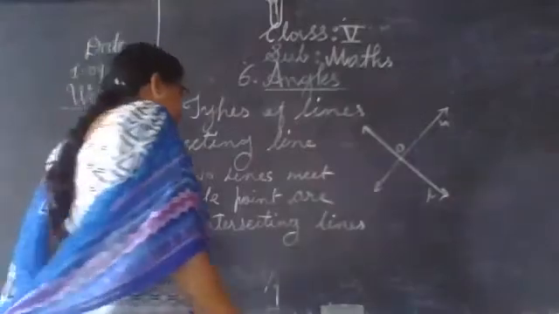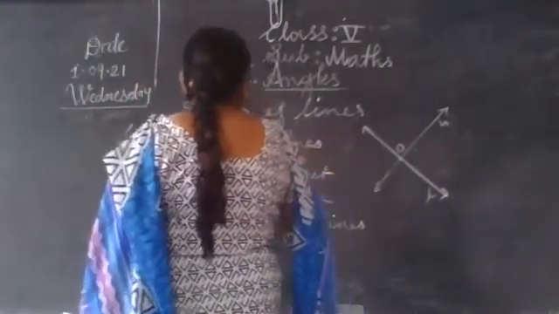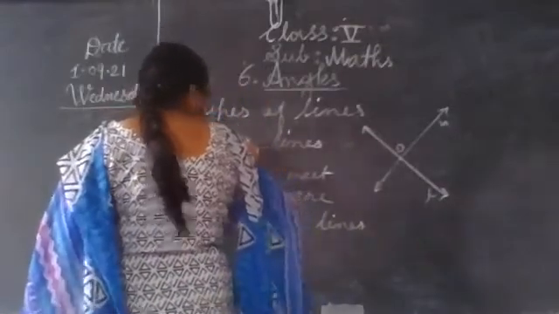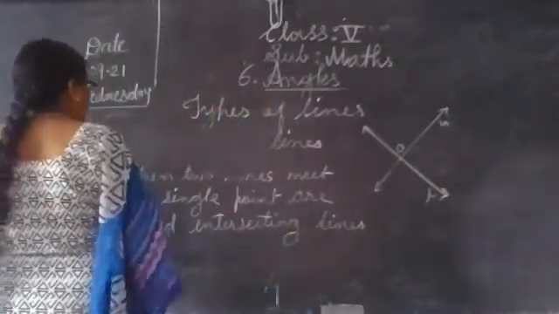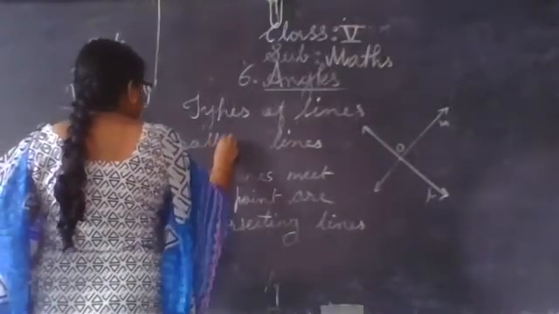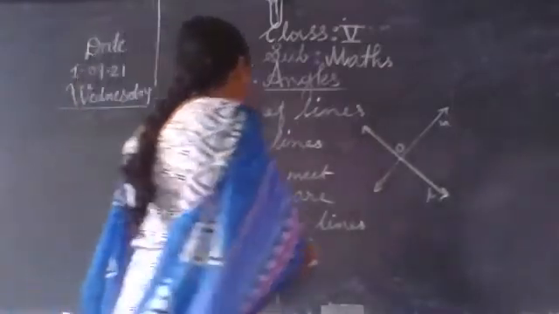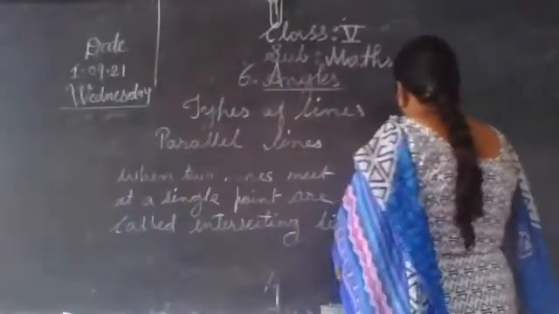Then next is parallel lines. See children, what are parallel lines?